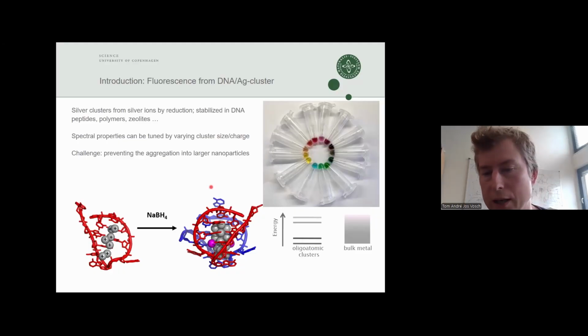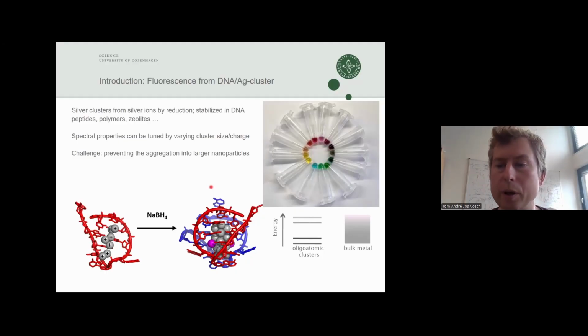At the bulk level, for example silver, it will have conduction and valence bands, while at the atomic level, you will have atomic orbitals. So somewhere in the middle, we can make clusters which have molecular-like properties. And just like organic fluorophores, we can excite these small metal clusters and then they can fluoresce.